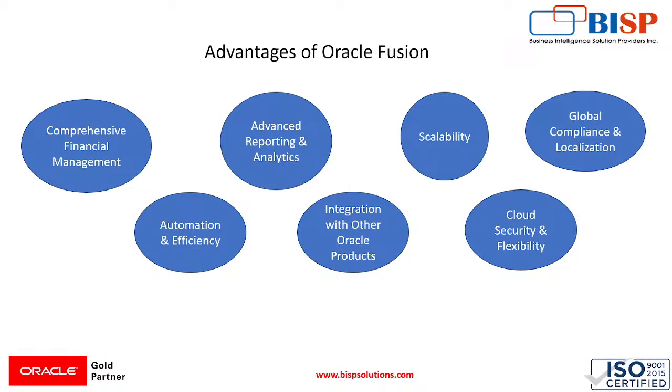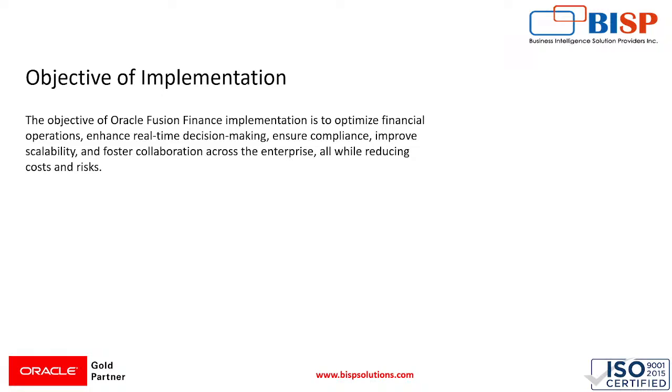So now, what is the objective? The objective can be the same or it can be different. So we can see some objectives of implementation. The objective of Oracle Fusion Finance is to optimize financial operations, enhance real-time decision making, ensure compliance, improve scalability, and foster collaboration across the enterprise, all while reducing cost and risk.